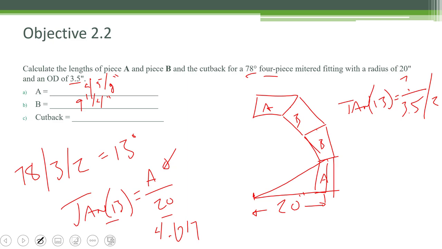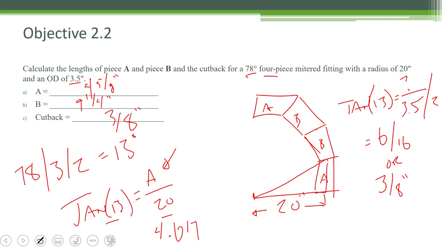So it'd be 13, here's my calculator, 13 tan times 3.5 equals, divided by 2, equals, and I get 0.4040. Remember, that's in inches. I probably want to convert it to 1/16 of an inch, so I times it by 16. Okay, and I should get 6/16 or 3/8 of an inch.